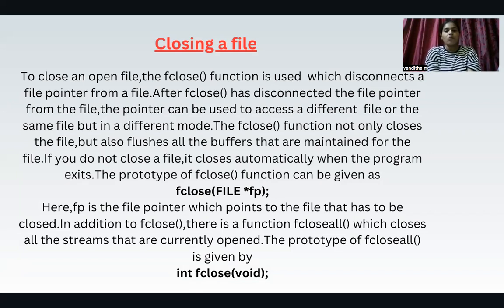The prototype of fcloseall is given by int fcloseall(void). Now we have learned how to declare a file pointer, how to open a file, and how to close a file. Here we have come to the end of this video.